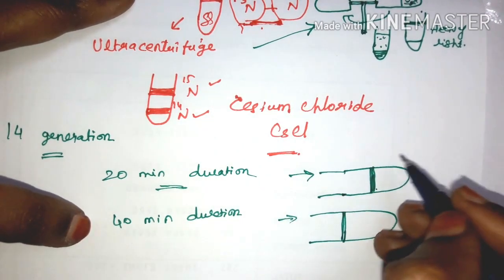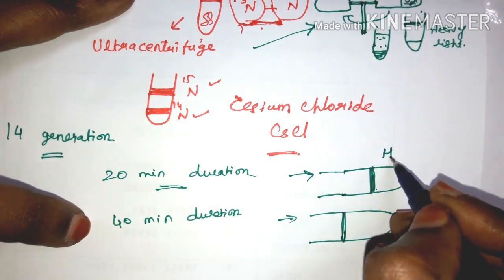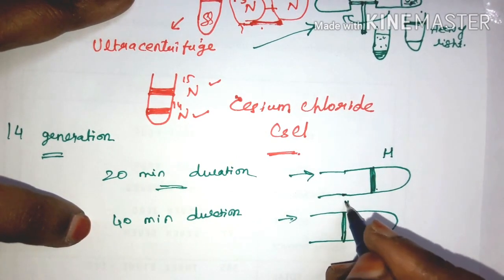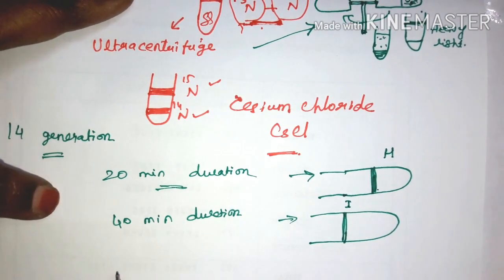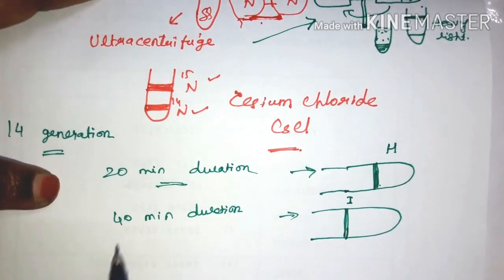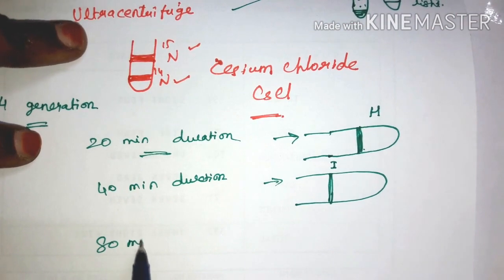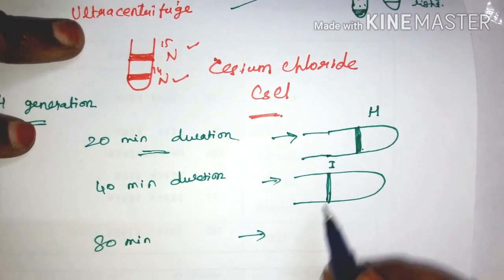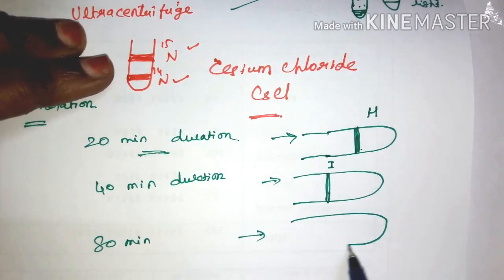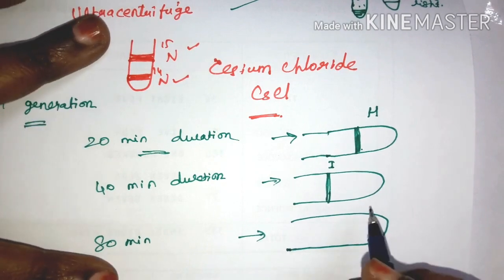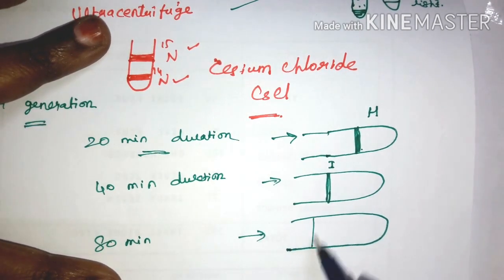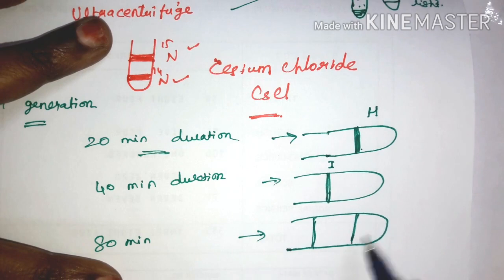They named it H, heavy. This is intermediate, and after another 20 minutes, one more band is formed, that is light.